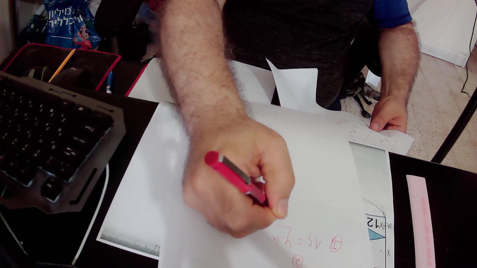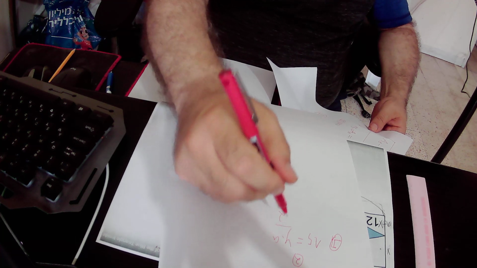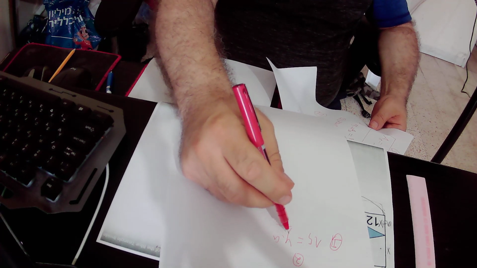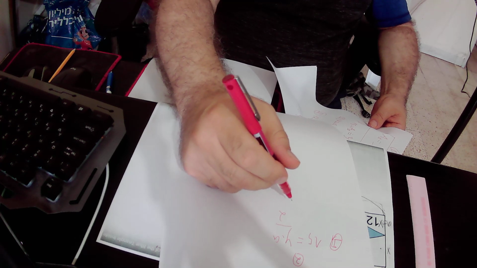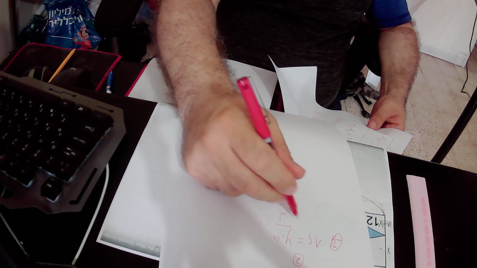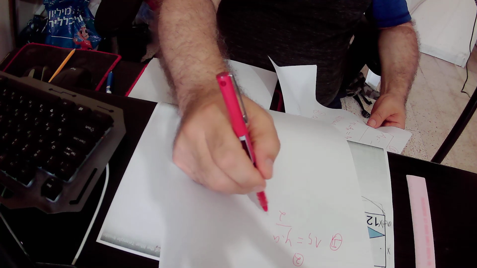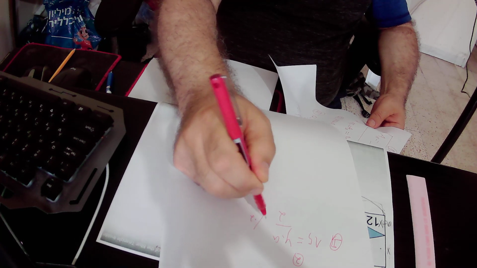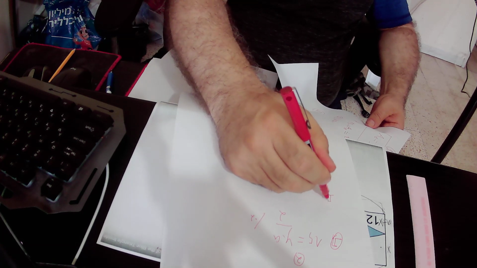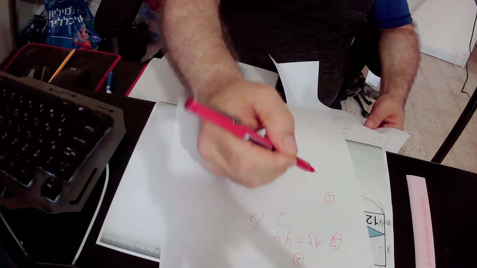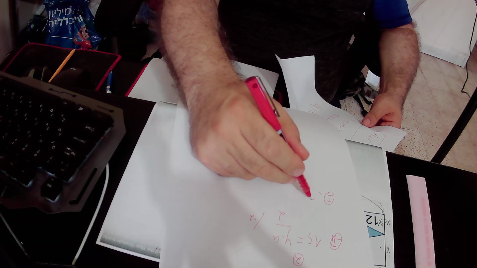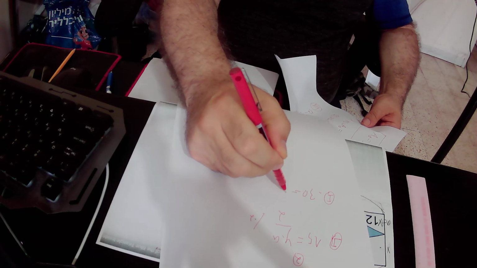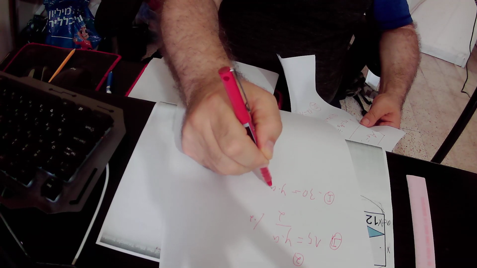So we will take y out of the equation. First of all, we will multiply both sides of the equation by 2. 15 times 2 is 30, equals y times a.